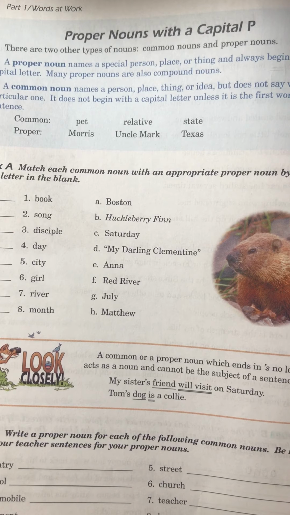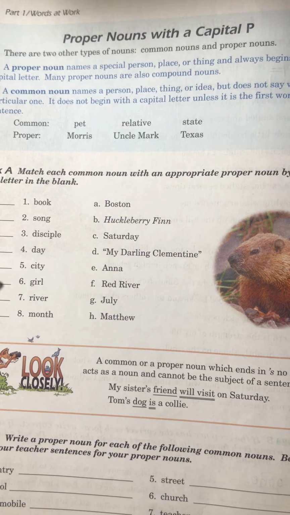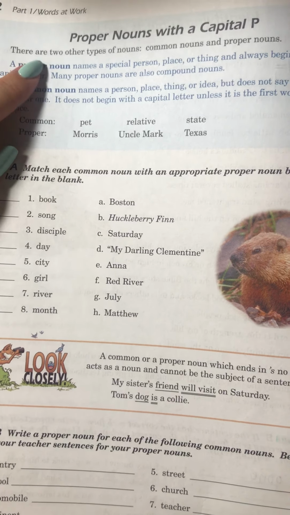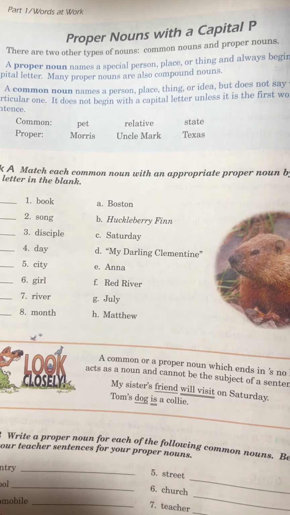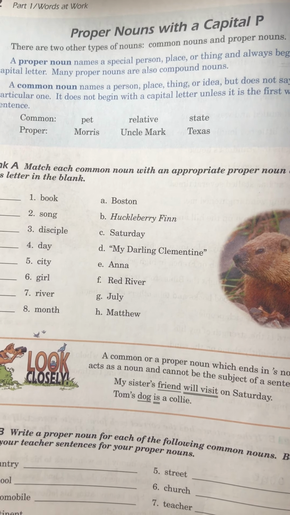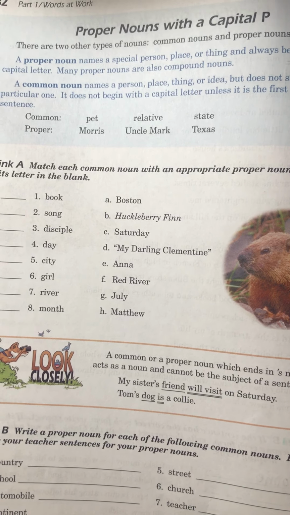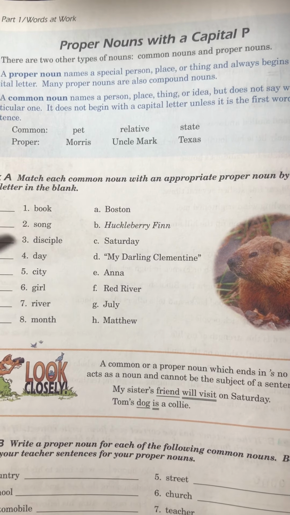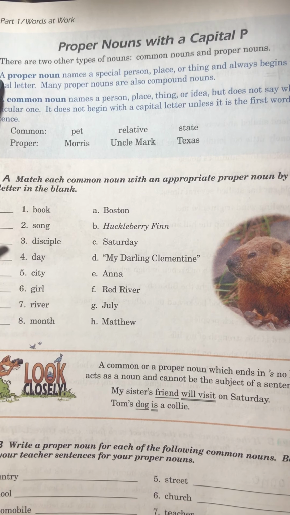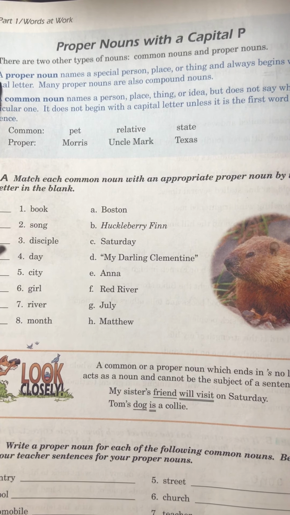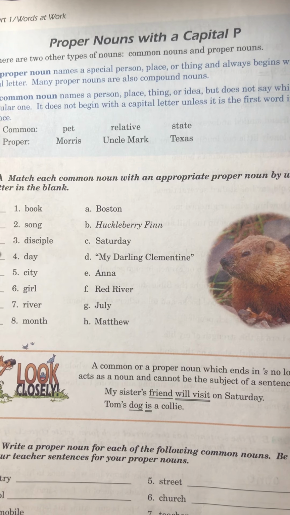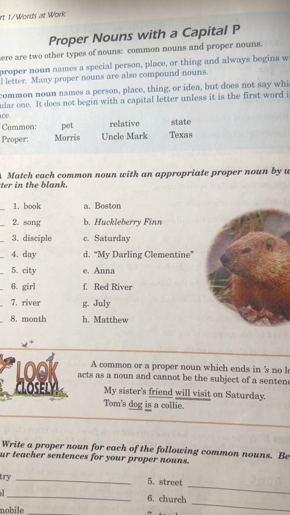Here for your language arts assignment for Tuesday, we have proper nouns with a capital P, and by now we probably all know what proper nouns are, which are the names of nouns. The official meaning is a proper noun names a special person, place, or thing and always begins with a capital letter.